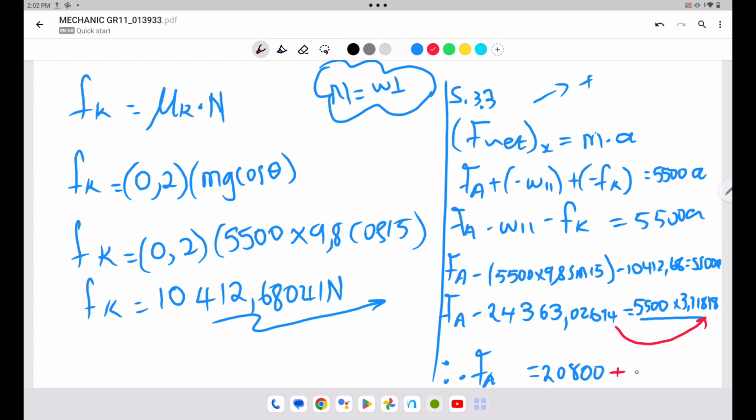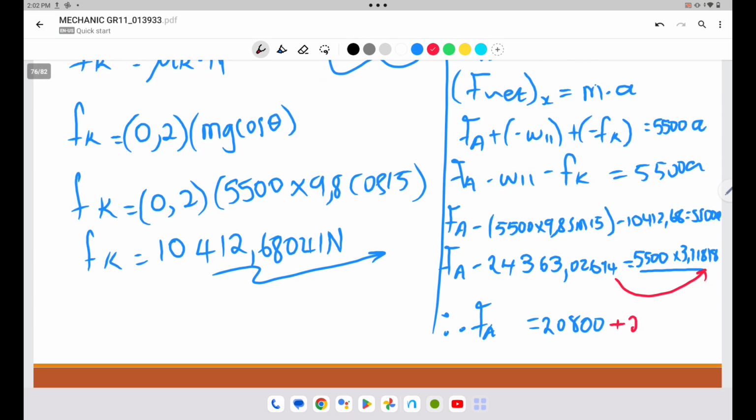That will become positive 24,363,02674. Okay, I wanted to complete the calculation in a single step, but okay.